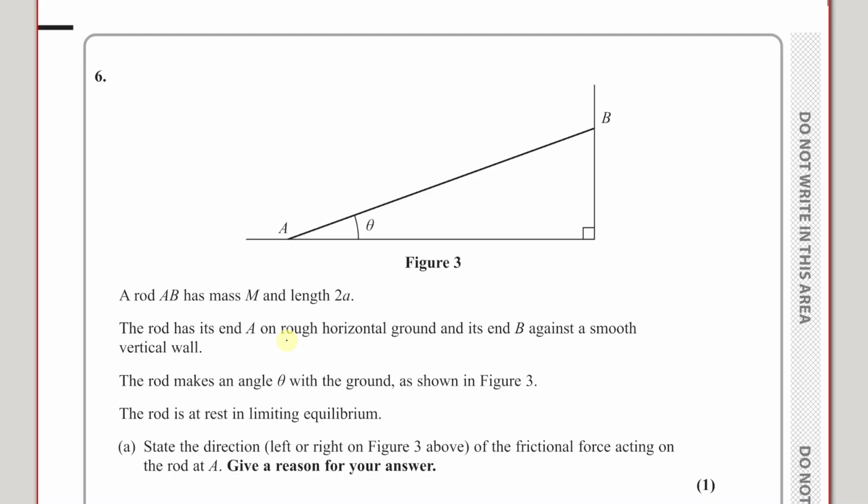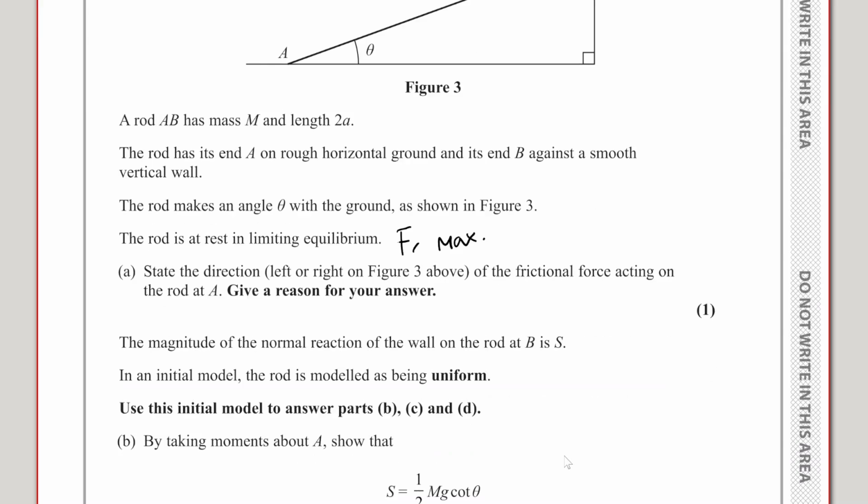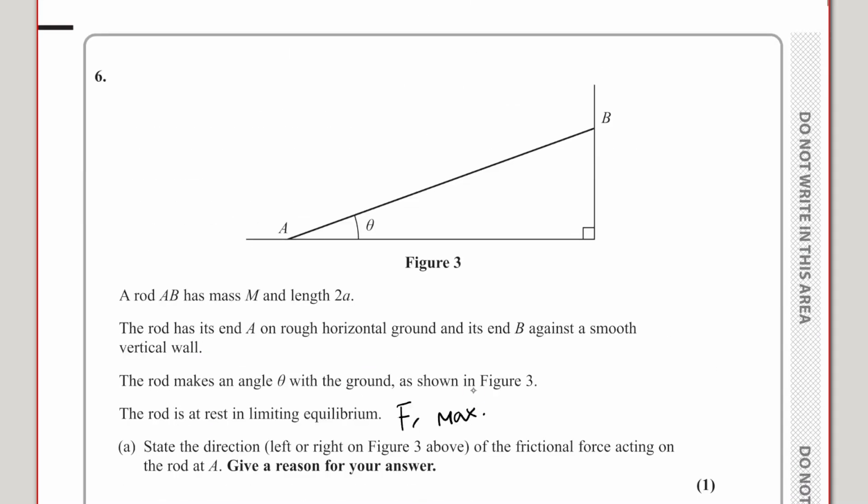We've got an angle theta with the ground, and it's in limiting equilibrium, which means friction is going to take its maximum value. State the direction, left or right, on figure 3 of the frictional force. It doesn't say if it's uniform, but it is a uniform rod, that says further down.